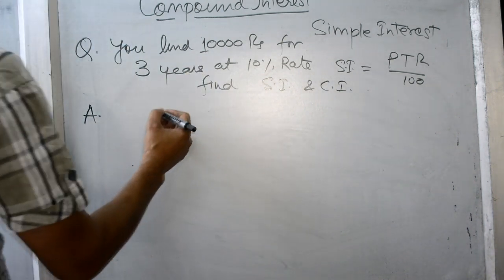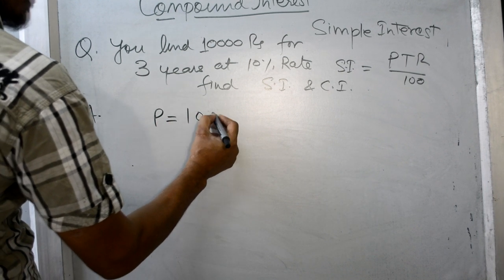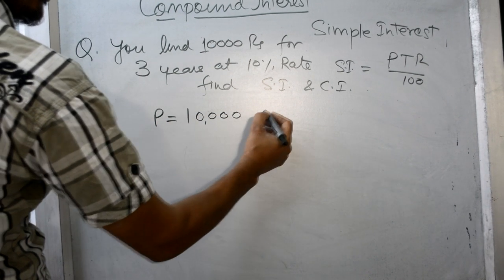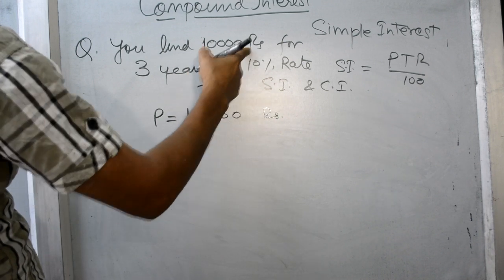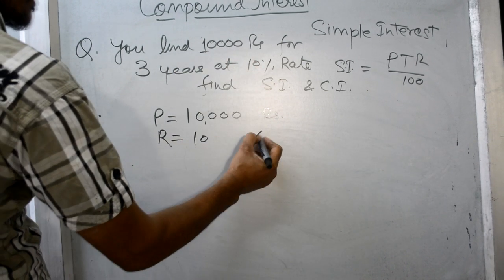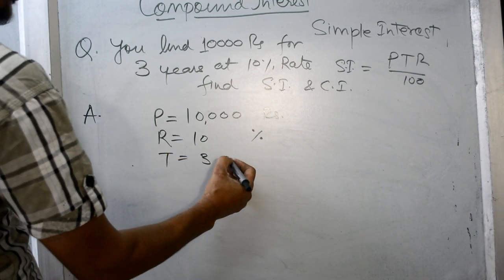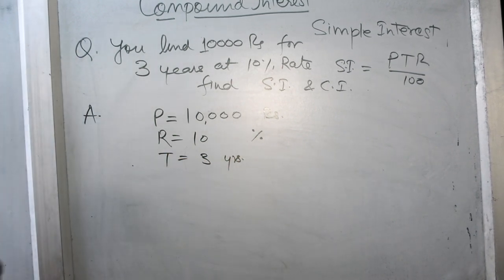What are those digits? Now, principal P is equal to 10,000 rupees. You have to mention this. Rate of interest R is equal to 10% and time is equal to 3 years.